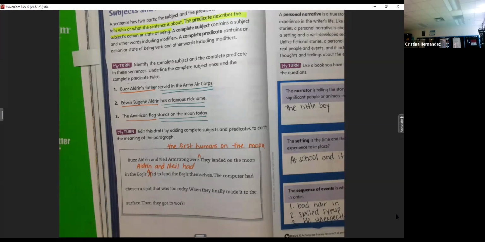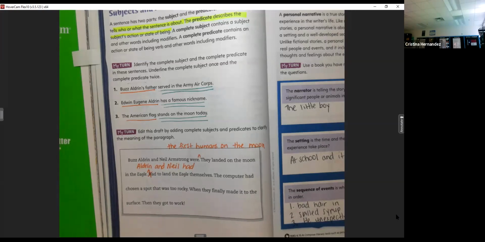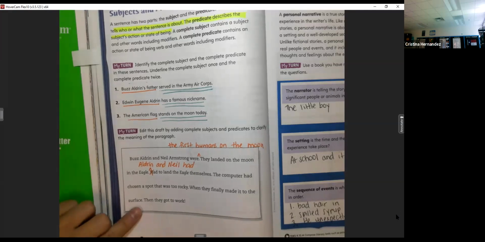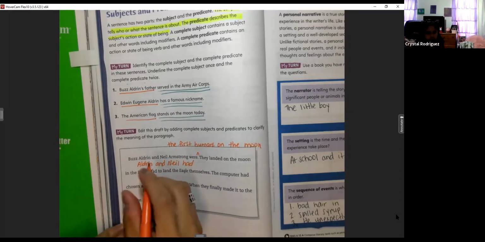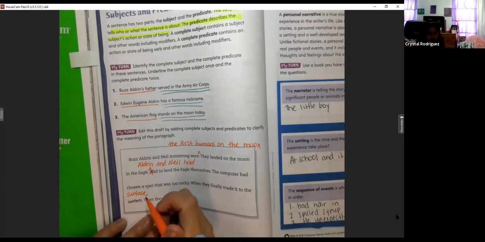Next part. When they finally made it to the surface, and they got to work. That's not a complete sentence. The surface. Because they put a period even though they're supposed to put, then they got to work. Oh, there's more to it.